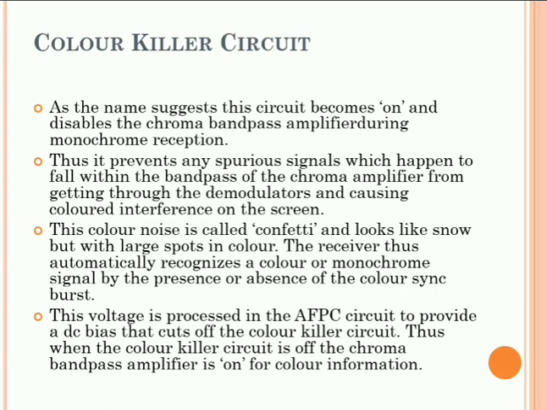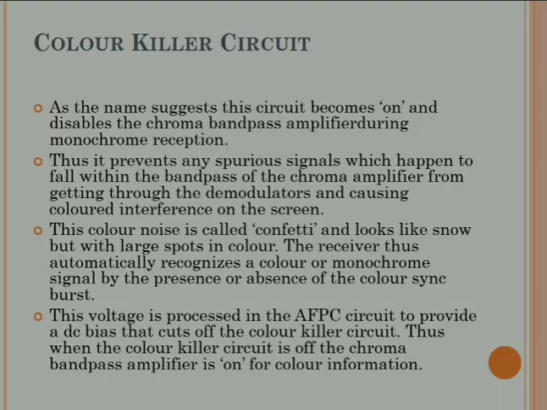This voltage is produced in the AFPC circuit to provide a DC bias that cuts off the color killer circuit. Thus, when the color killer circuit is off, the chroma bandpass amplifier is on for color information. Whenever the color killer circuit is on, the chroma bandpass amplifier is off.